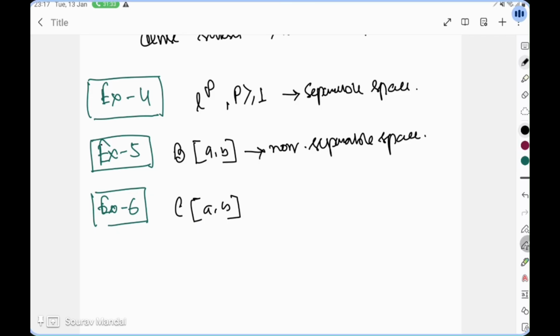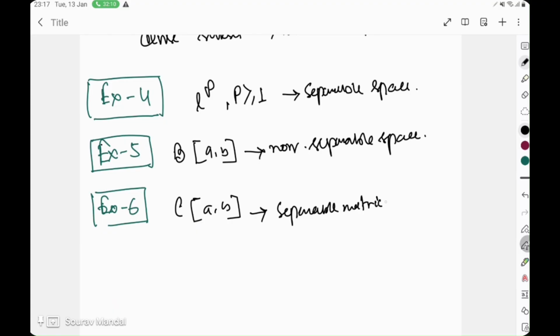And there is one well-known theorem, Weierstrass's theorem, that every continuous function can be approximated by some polynomial function. So if you collect all polynomials with rational coefficients, that is a countable collection, and it is dense in C[a,b]. So C[a,b] is a separable metric space.